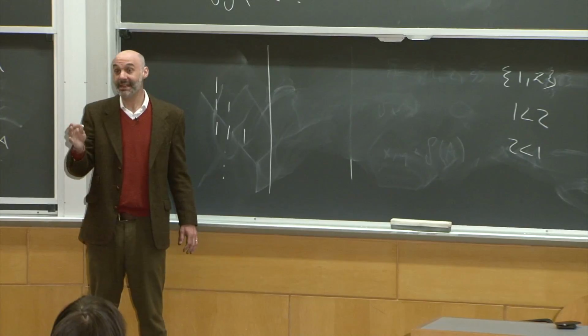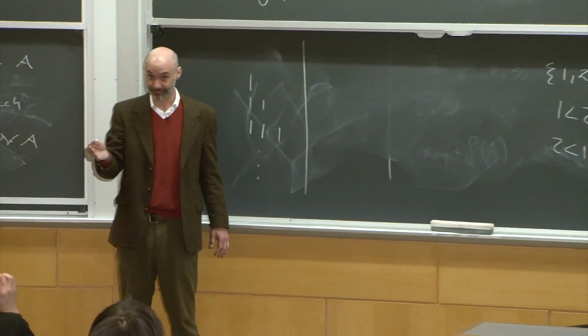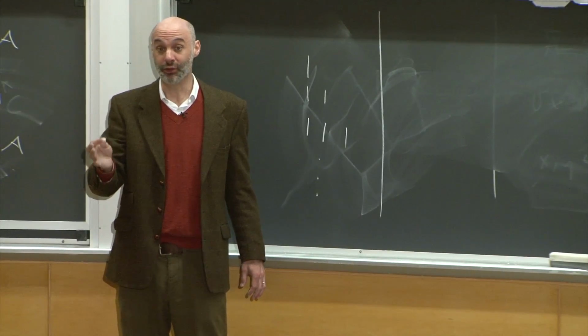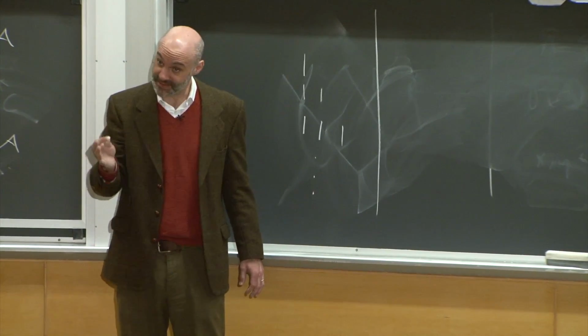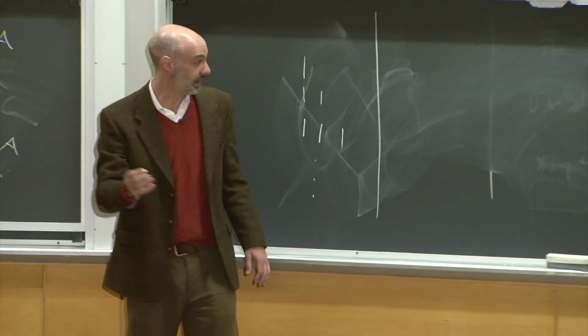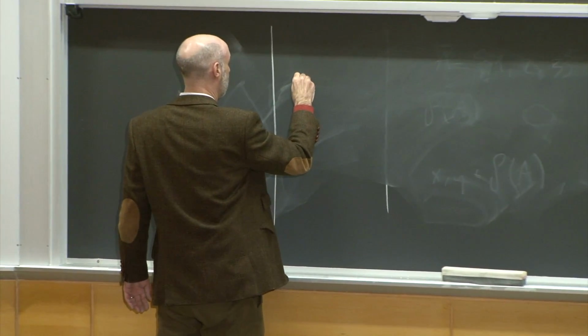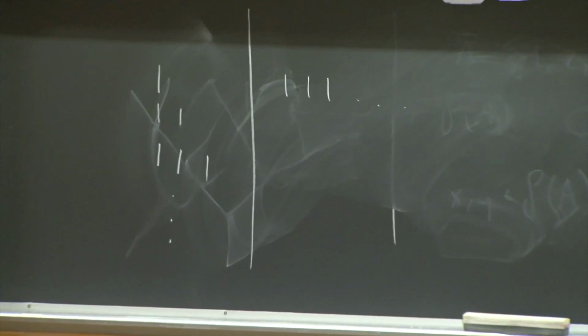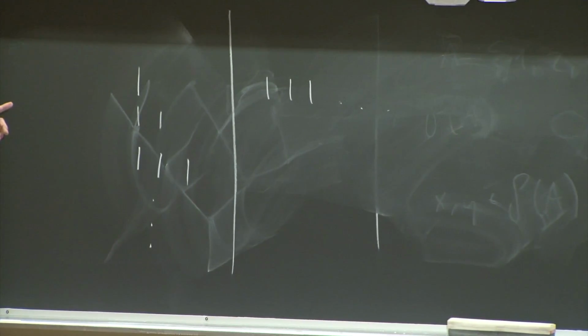So the smallest infinity is the infinity of the natural numbers. And there are many ways of well ordering that set. There are many shapes that a well ordering of that set could take. So the simplest well ordering of that set is that one.